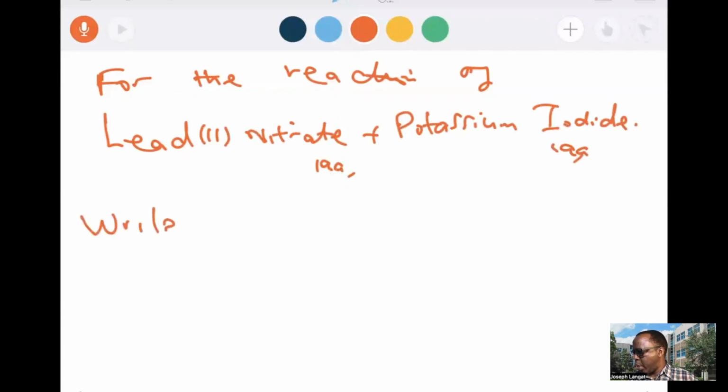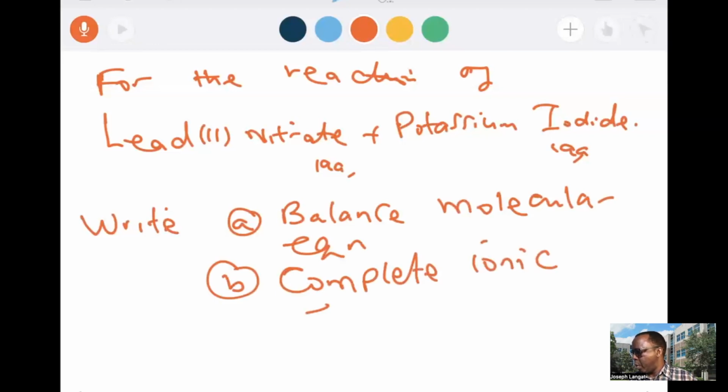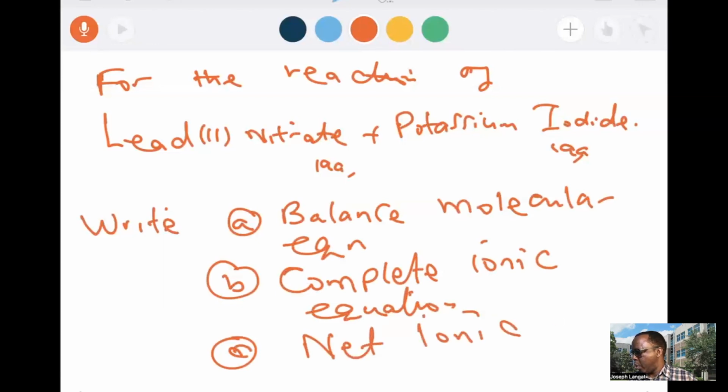I'm just making up a question here. A, a balanced molecular equation, which is type 1, molecular equation. B, we call complete ionic equation. And C, net ionic equation.